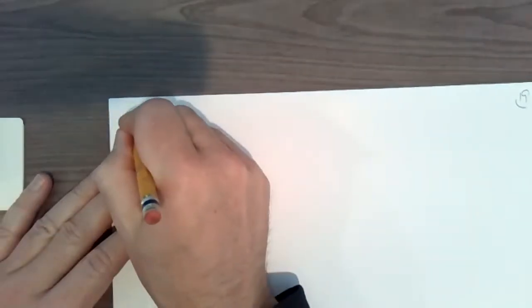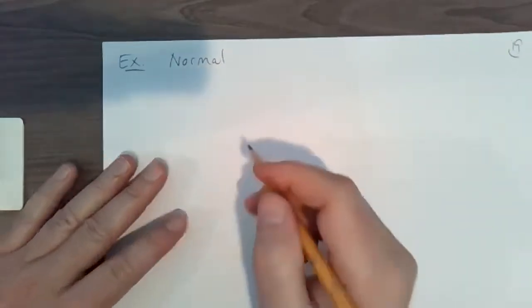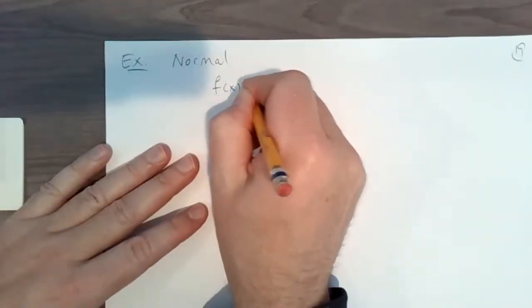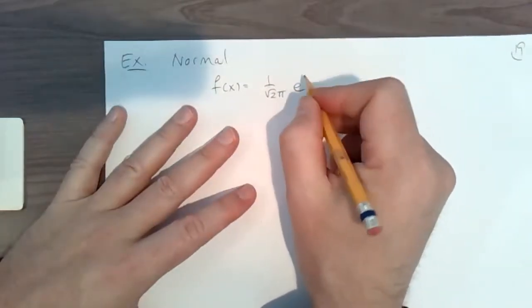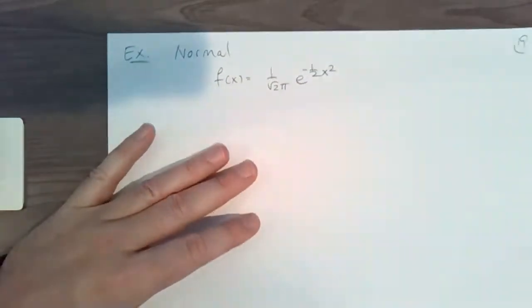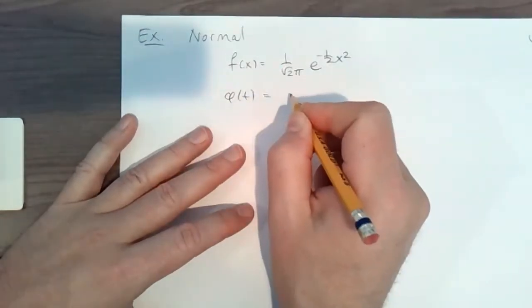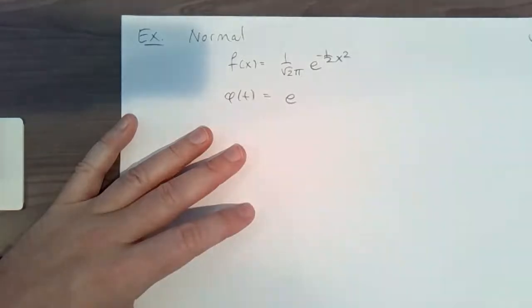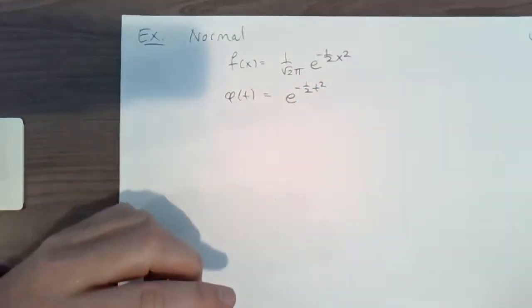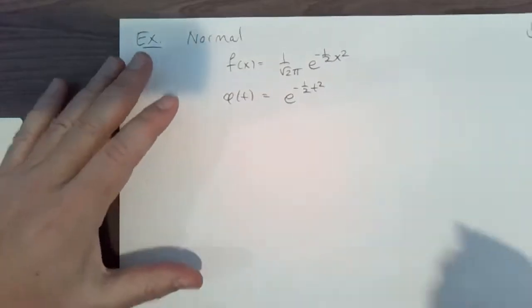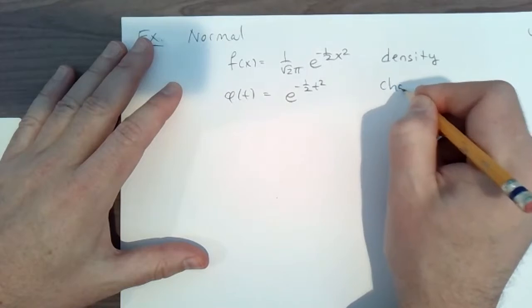So the first one, this is the normal. This is my sanity check. The normal says that my density is 1 over root 2 pi e to the minus 1/2 x squared. And we know at this point, we looked at it last time, that the characteristic function is e to the minus 1/2 t squared. This one here is the density, and this here is the characteristic function.